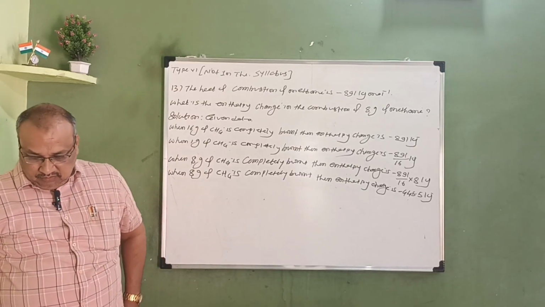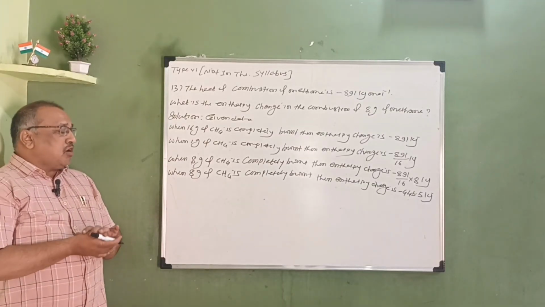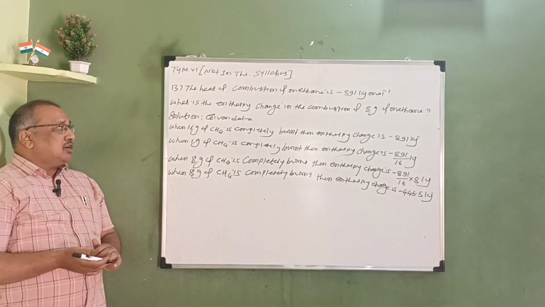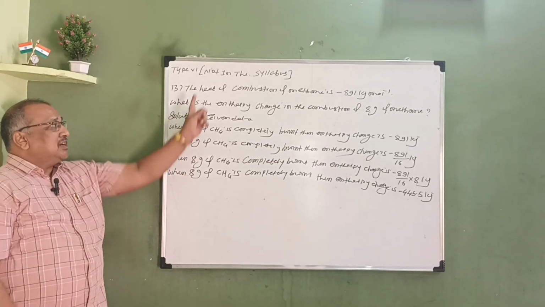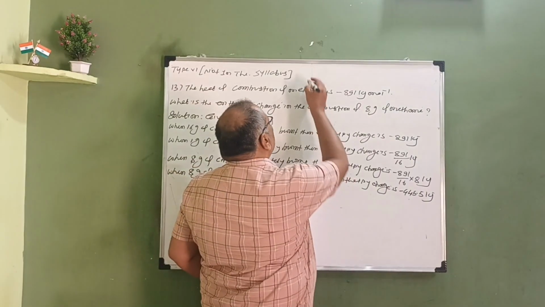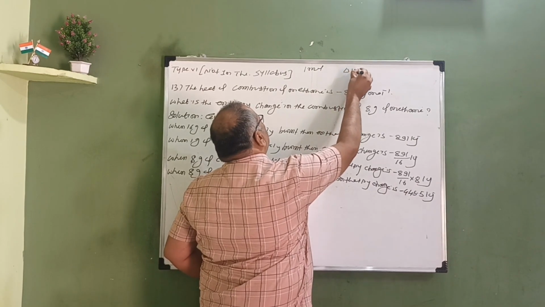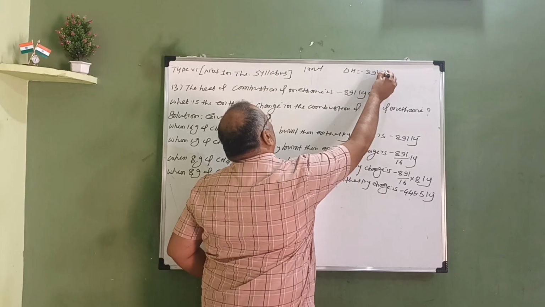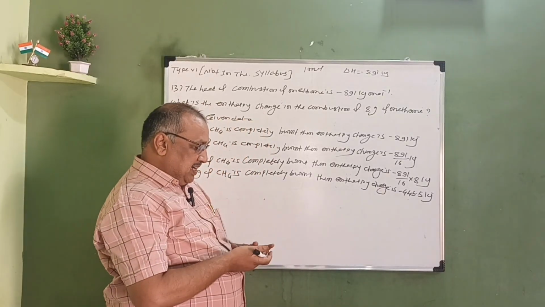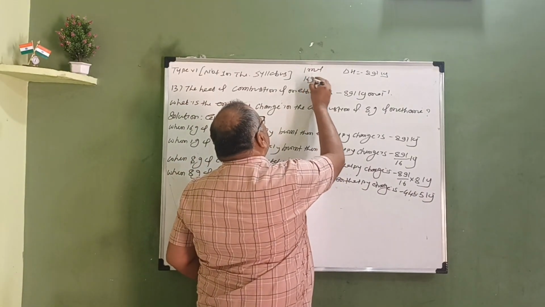Now, the same numerical can also be solved shortly or directly. Here the heat of combustion of methane is given. That means here 1 mole of methane is burned. Enthalpy change is minus 891 kilojoule. 1 mole of methane means 16 gram.